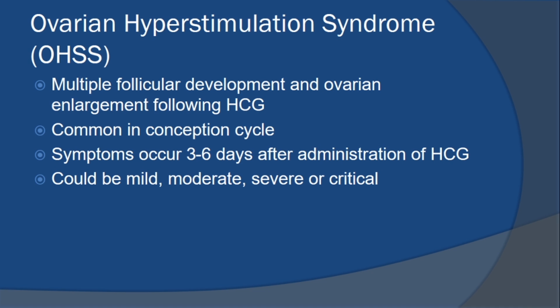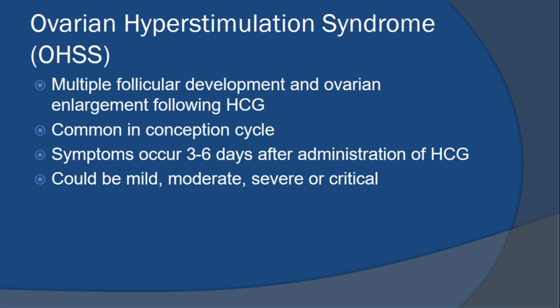Well, a brief talk about the ovarian hyperstimulation syndrome. This is rarely encountered when you are using clomiphene citrate, but it's common to see this in the context of in vitro fertilization. Because what we do there is what we call controlled ovarian hyperstimulation.